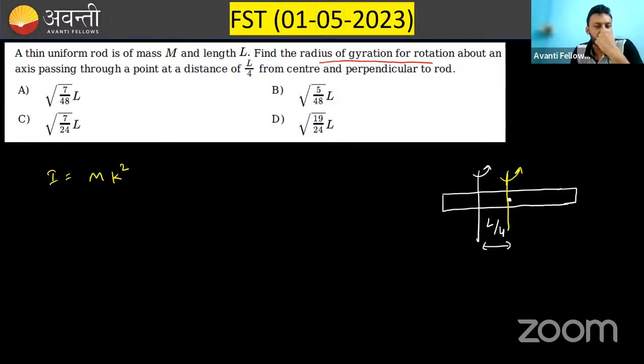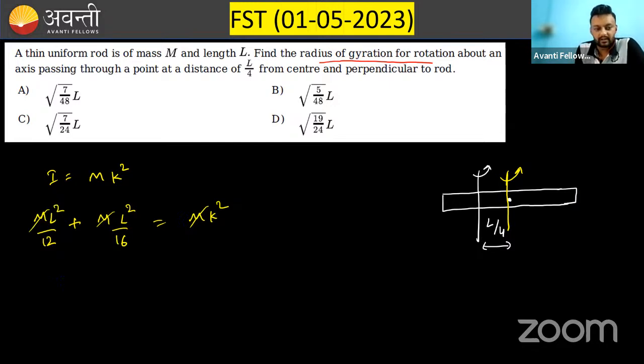Using parallel axis theorem, we can calculate I. So I equals ml square by 12, this is about the center of mass axis, plus the parallel axis theorem term md square. Mass is m, d is this distance L by 4, that is L square by 16, equals mk square. M can be cancelled out.